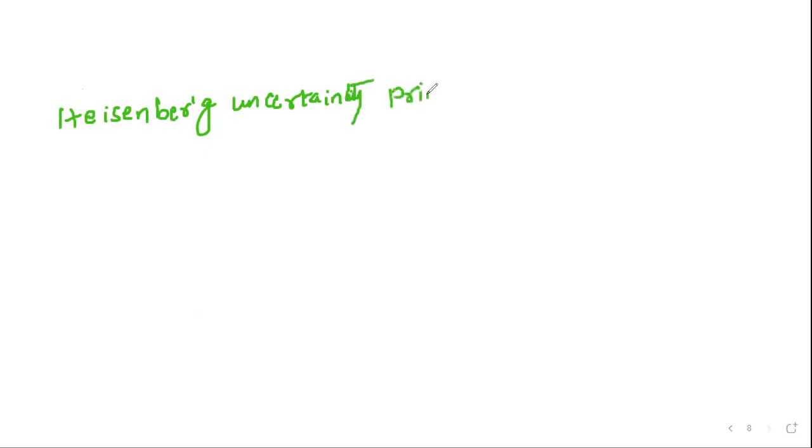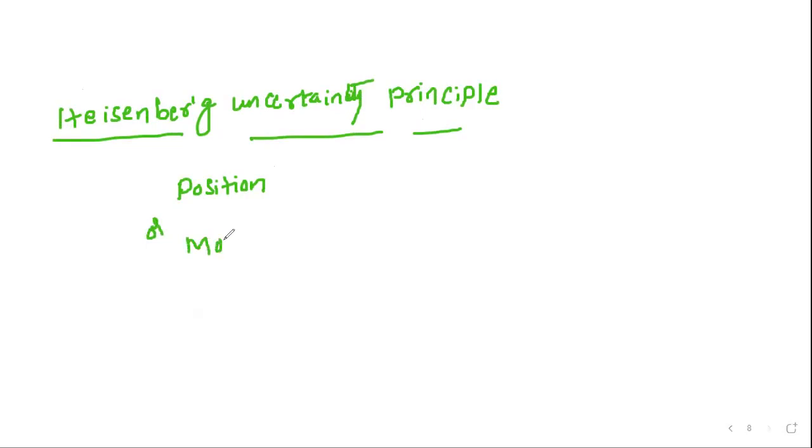According to this uncertainty principle, we cannot measure both position and momentum very accurately at the same time.